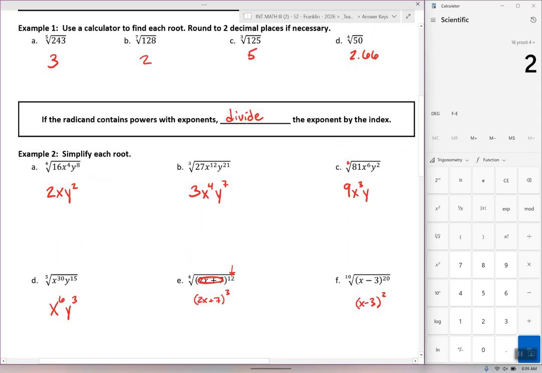So that's pretty much it. Use a calculator to calculate nth roots. Some of the smaller numbers you'll be able to do in your head potentially, but the larger ones would take way too much time. So calculator is the best way for it. And then if you have exponents on variables inside an nth root, just divide the exponent by the index.